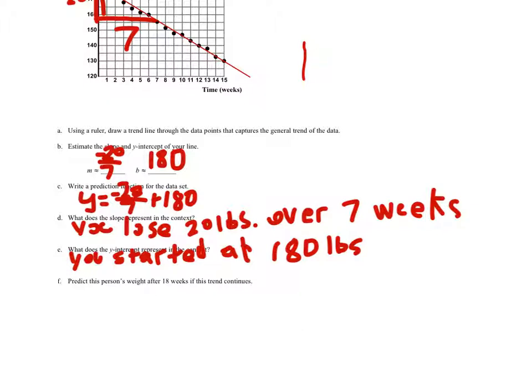I would guess if they lose 20 pounds over 7 weeks, then they would lose about 100.